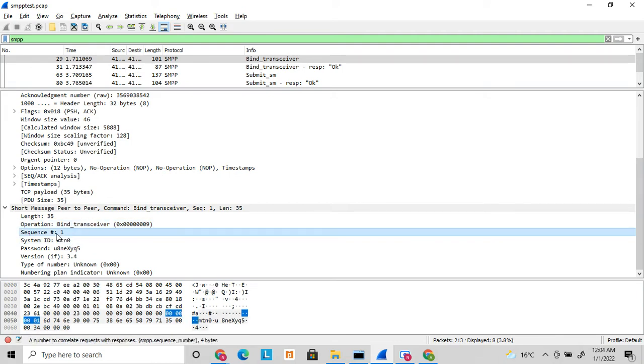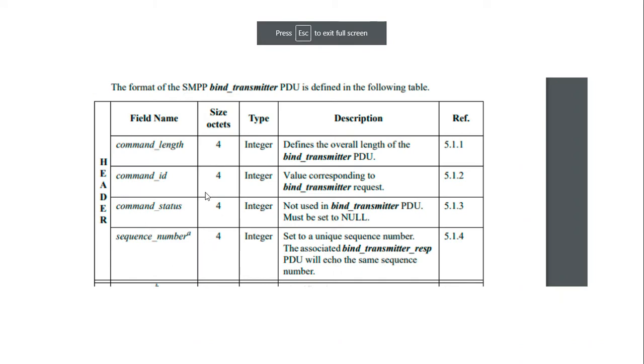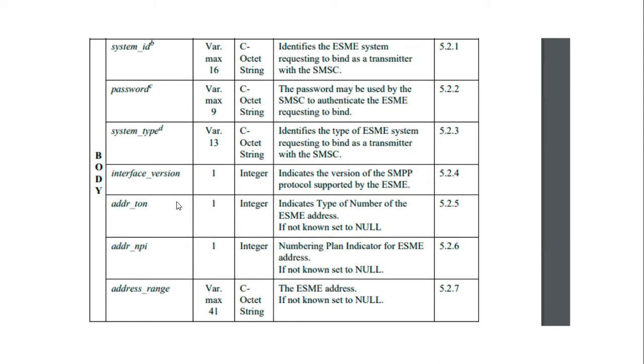Next is the sequence number. The sequence number is incremental, but four octets are reserved for this. Then command status, then sequence number, then the system ID.